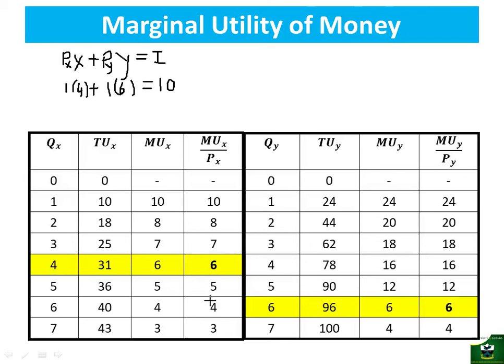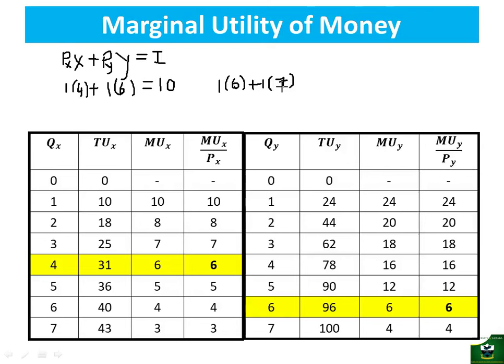Before we make a conclusion, let's also test at the ratio of 4. Now at the ratio of 4, we have X consumed will be 6 plus 1, and Y consumed will be 7.